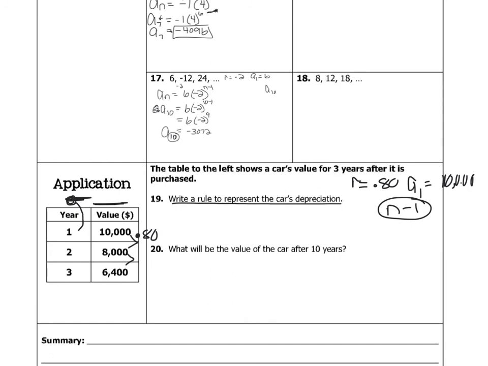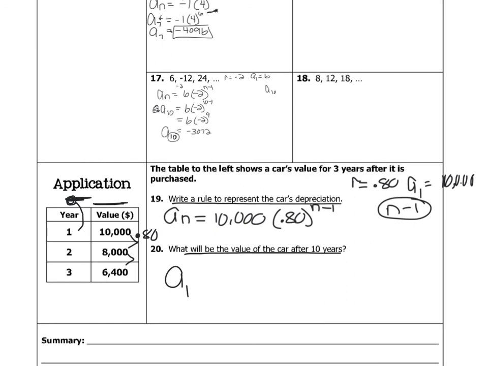All right, so our formula is going to be A_n equals our first term, 10,000, times my ratio to n minus 1. It says what will be the value of the car in 10 years?